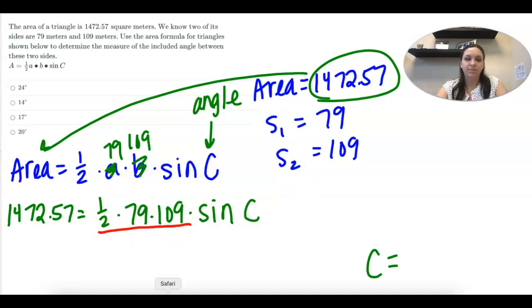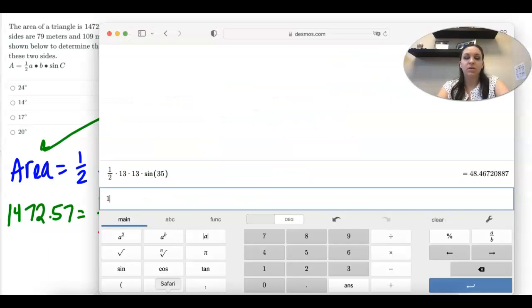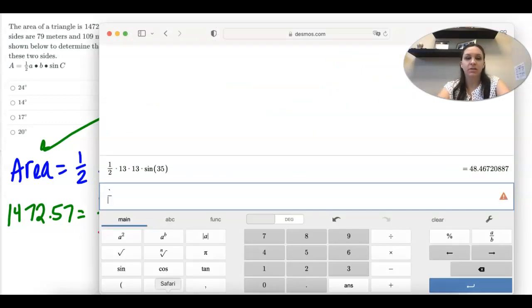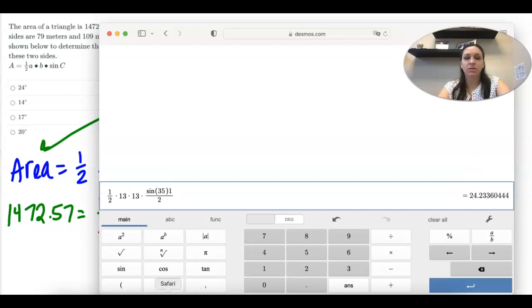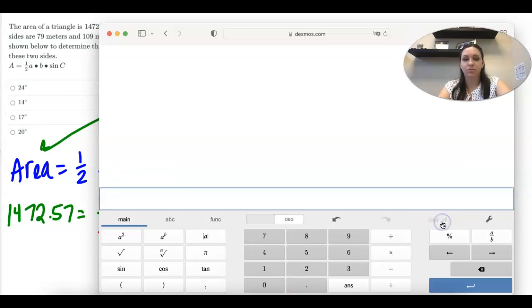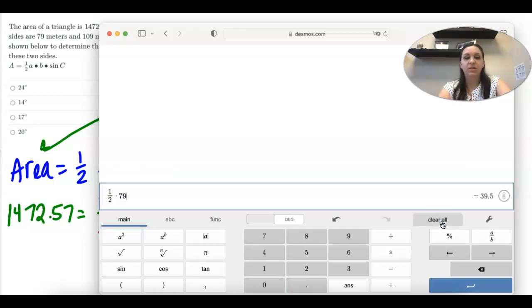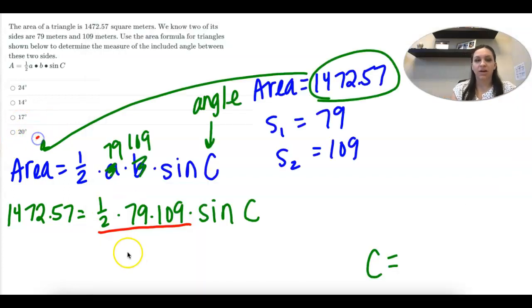I'm going to multiply them. 1/2 times 79 times 109. 4305.5.